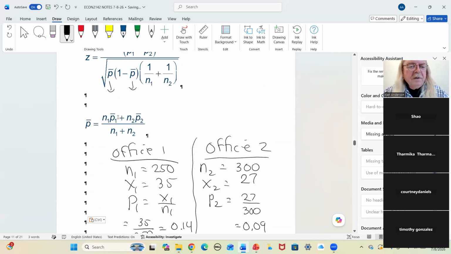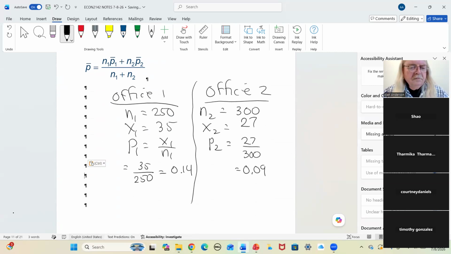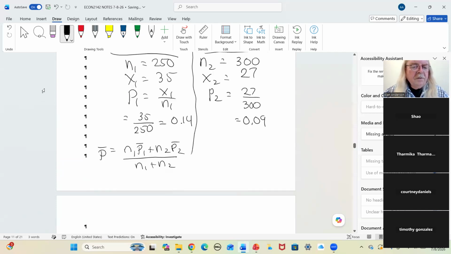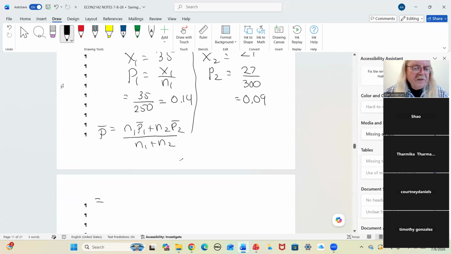Okay, so let's do the P bar first. So we'll plug in the numbers. And remember, N1 was 250.